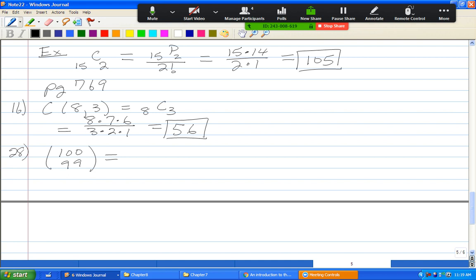I can't even do it on my calculator. Calculator dies. 99 factorial, can't do that. But a lot of things actually cancel.